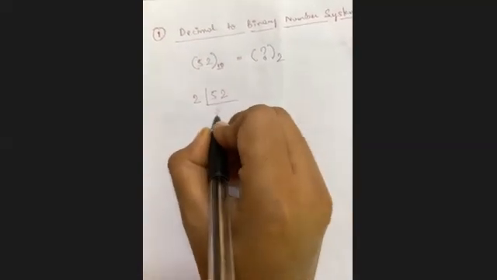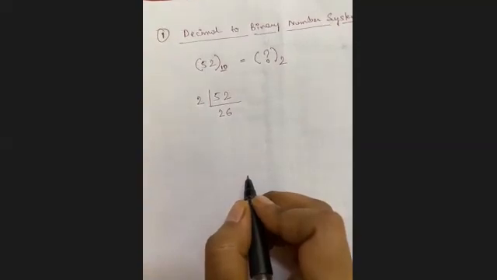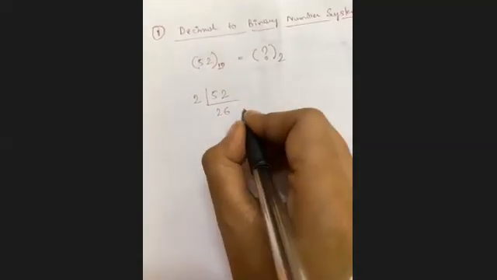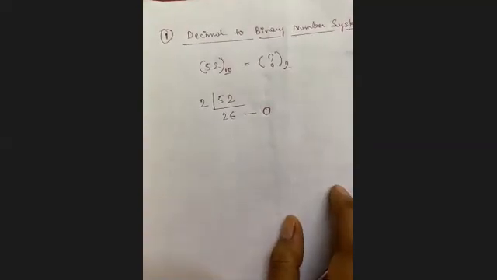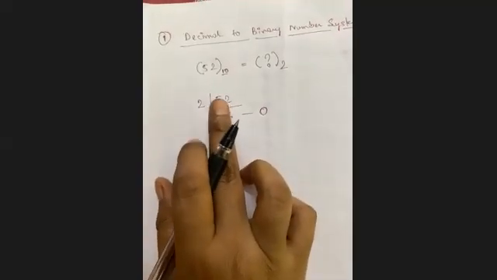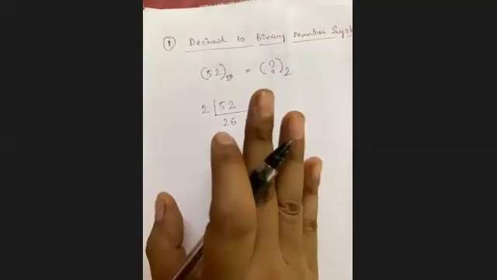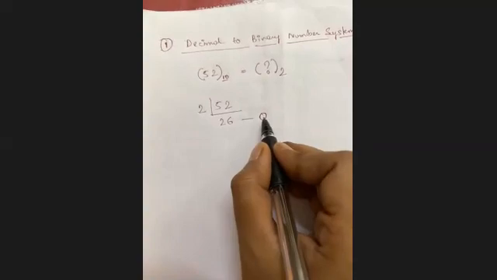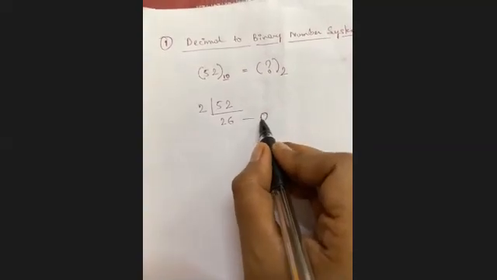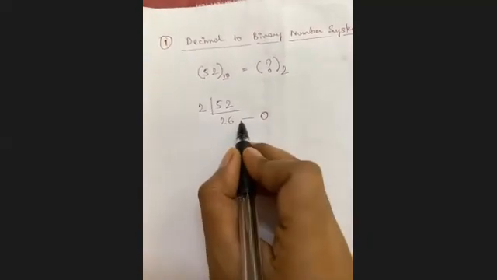It will be 26. There is no remainder, so I'm just writing 0 here. Because 52 is completely divisible by 2, there is no remainder, that is 0. I'm writing 0 next to the value of 26.